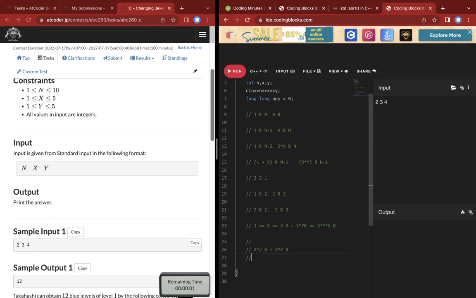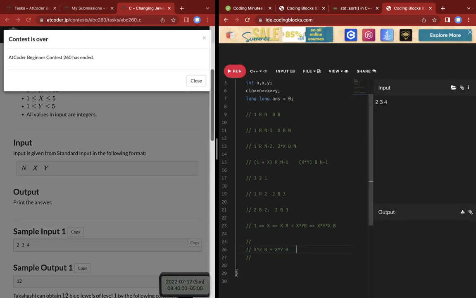Now this can go even deeper. Let's say the base is at level 2. So we can further convert them, multiply this by y, whole of this by y.